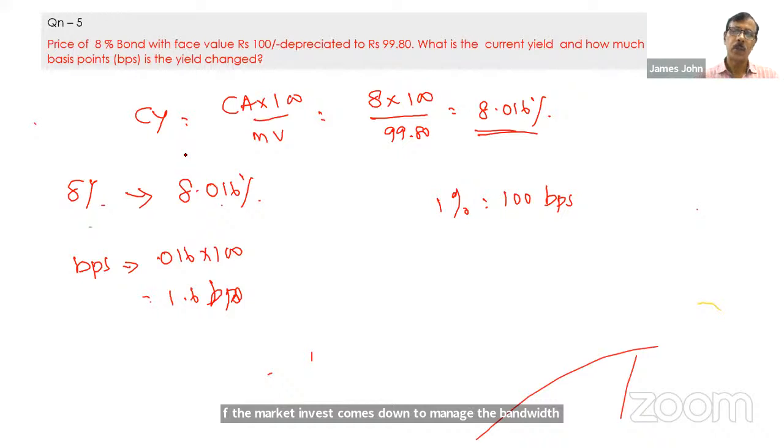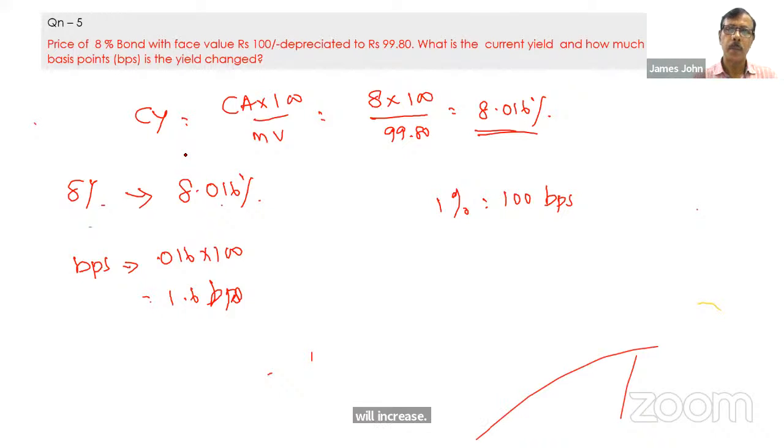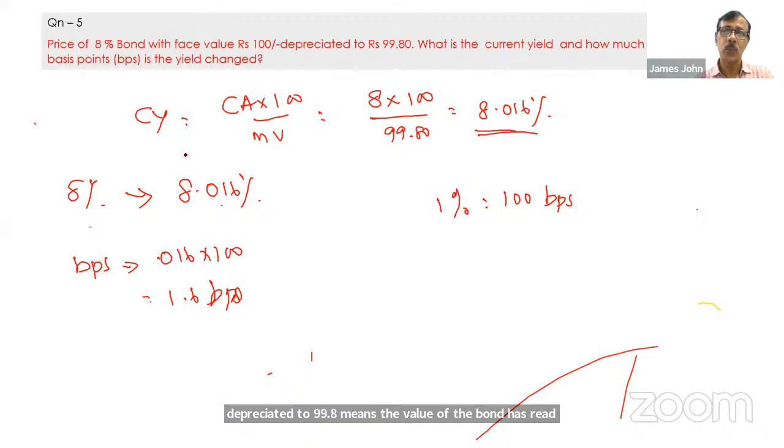Depreciated to 99.8 means the value of the bond has reduced to 99.8. The face value is 100. So the market value is 99.8. Earlier it was 100 rupees. That has reduced to 99.80.